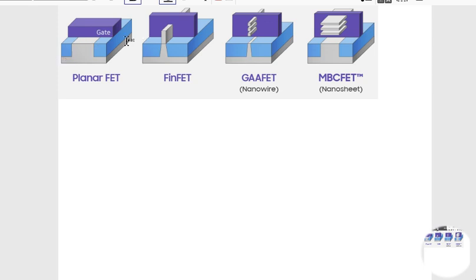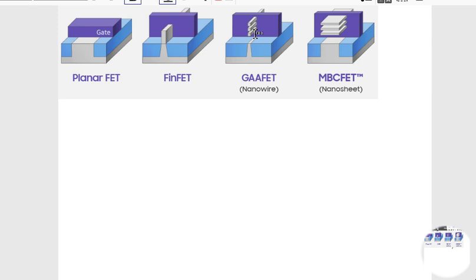So this is the height; earlier there was no height in this. Now you see here, this is a nanowire, which is called GAA, that is gate all around FET. You see there are many gates, one, two, three, which are formed like this. These are called nanowires.